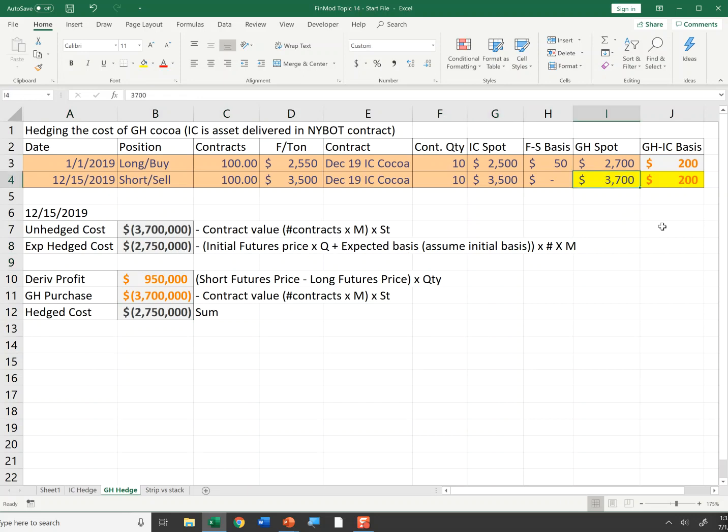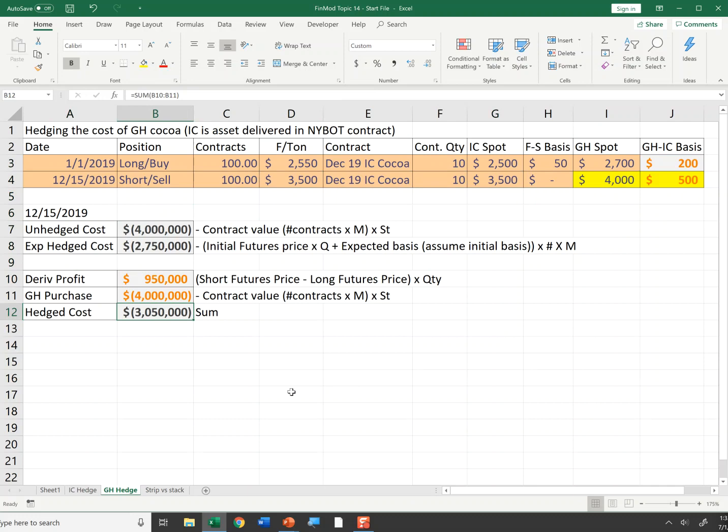Now, what if the basis does change? What if Ghana cocoa goes to $4,000? In other words, at maturity, Ivory Coast is selling for $3,500, which then determines the actual payoff of the futures contract, and Ghana cocoa is selling for $4,000. Now it's a $500 basis. In that case, they are no longer fully hedged.